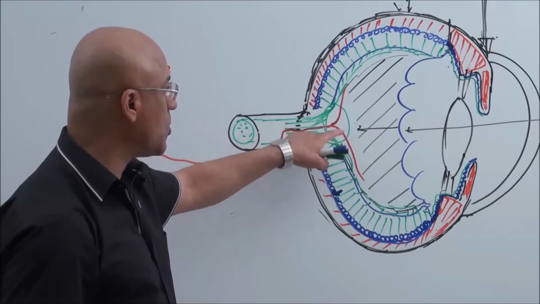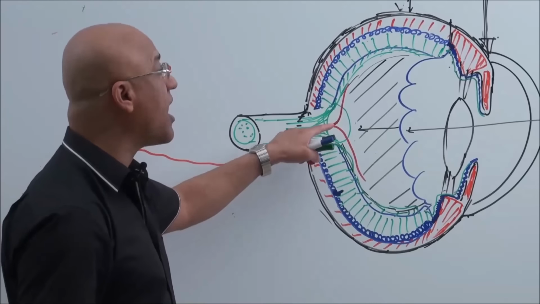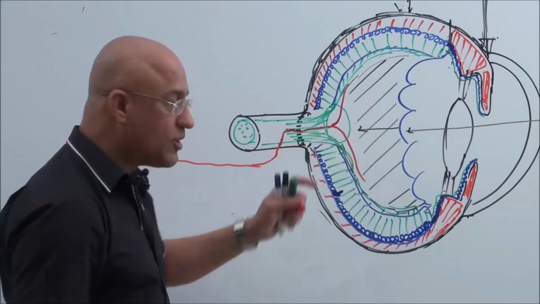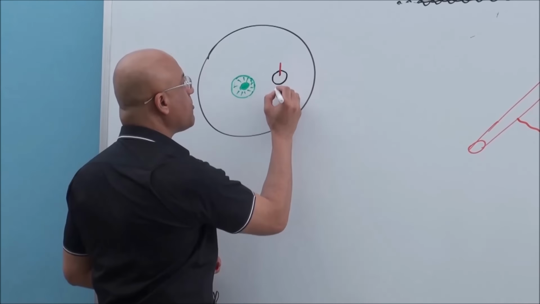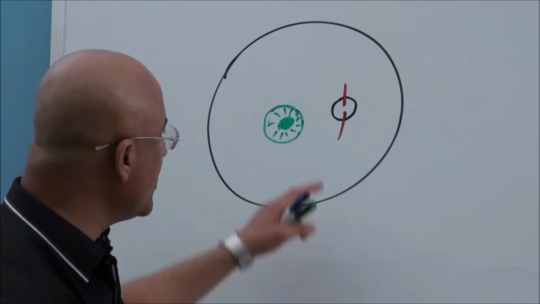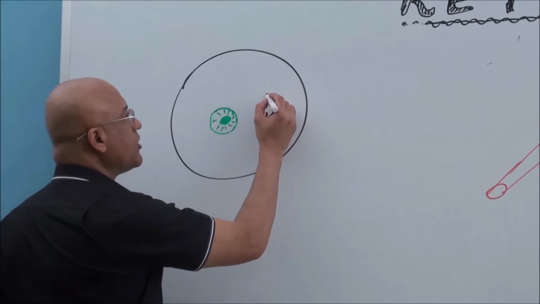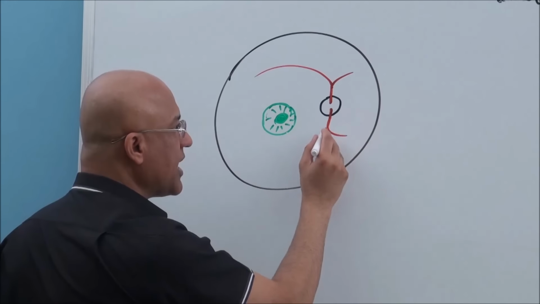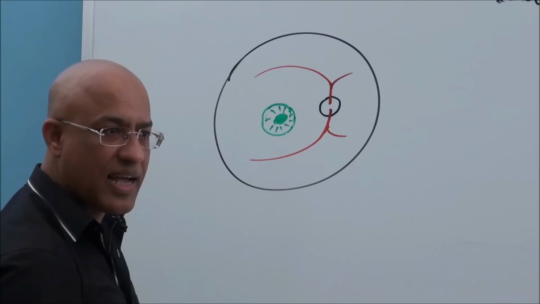Later on I will tell you what is happening to these branches, but what I'm trying to say is that central retinal artery exits through the optic disc. So when you are in the fundus, when you're looking at the optic disc, you will find this artery going upward. Branches of central retinal artery, superior branch and inferior branch, right? And then they divide into nasal branch and temporal branch. Here also they divide into inferior nasal and inferior temporal, superior nasal and superior temporal, right?